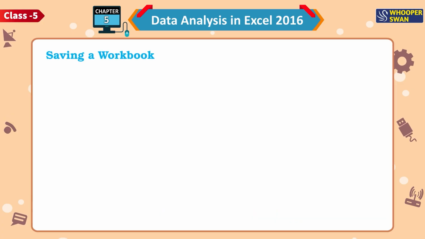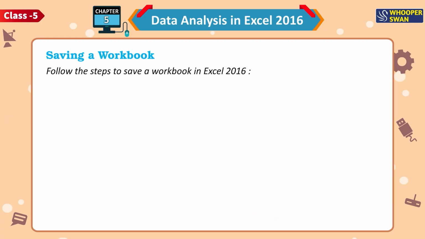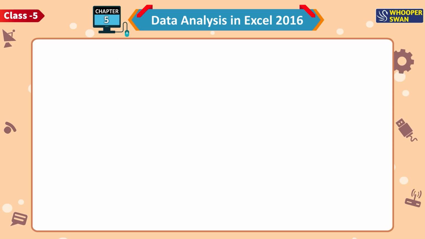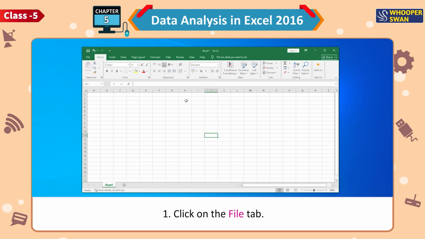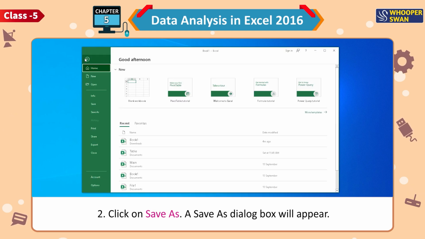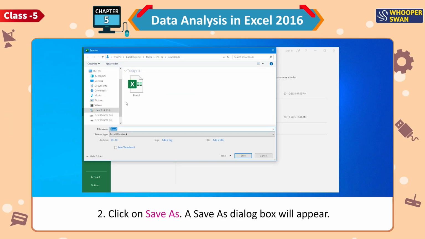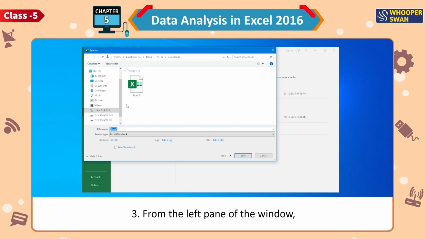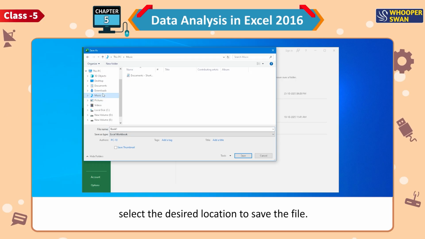Saving a workbook. Follow the steps to save a workbook in Excel 2016. Step 1. Click on the File tab. Step 2. Click on Save As. A Save As dialog box will appear. Step 3. From the left pane of the window, select the desired location to save the file.